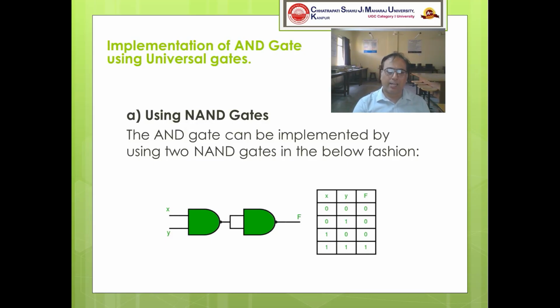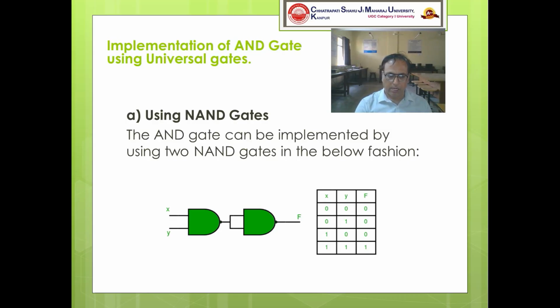By using NAND gates, the AND gate can be implemented using two NAND gates, as shown in the figure. I have just put a NAND gate in front of another NAND gate by supplying the output of the first NAND gate to both the inputs of the second NAND gate.